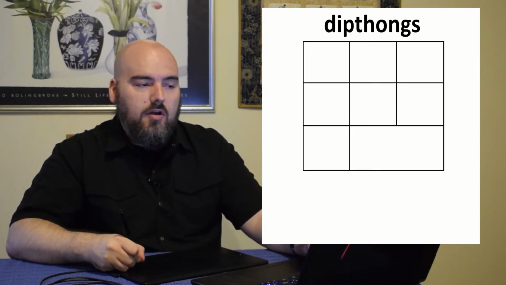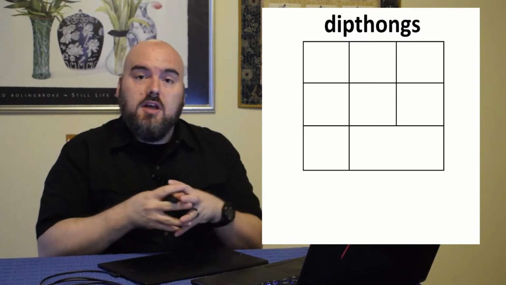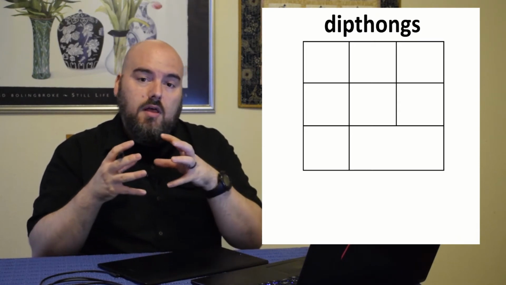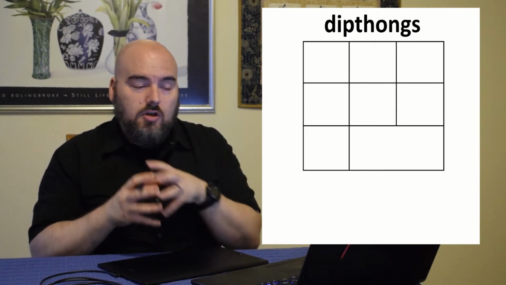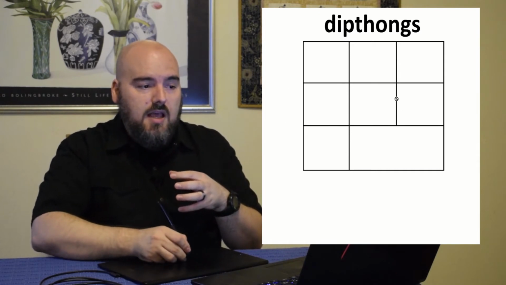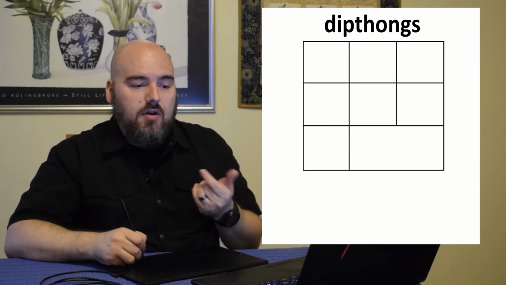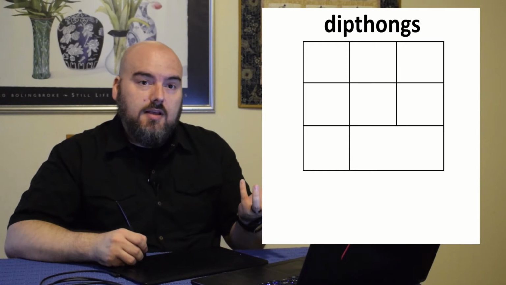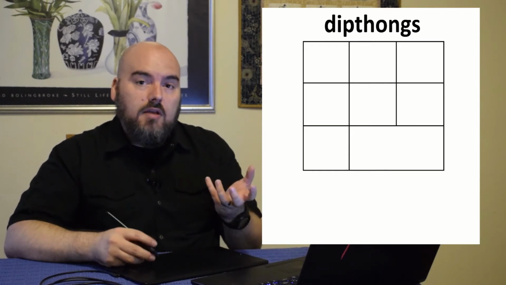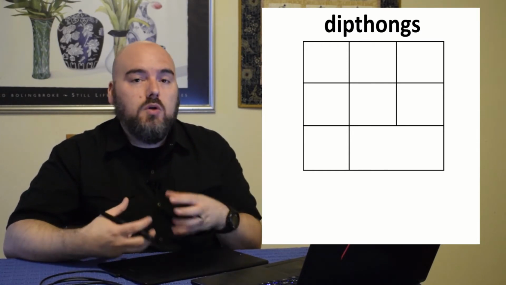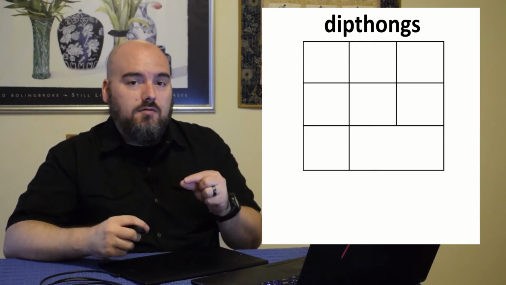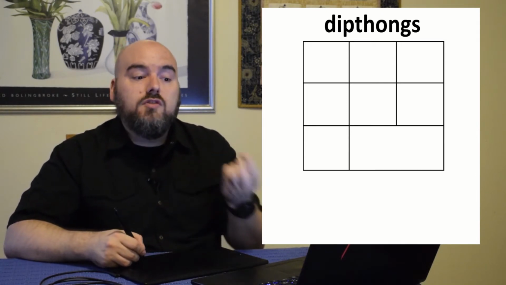So a diphthong is basically, again, two sounds coming together where the starting sound starts off in one of these boxes, and then the ending sound ends up in another box. But in a diphthong, as opposed to an off glide, there's much more tongue movement. Instead of just moving a little bit, it moves a lot.